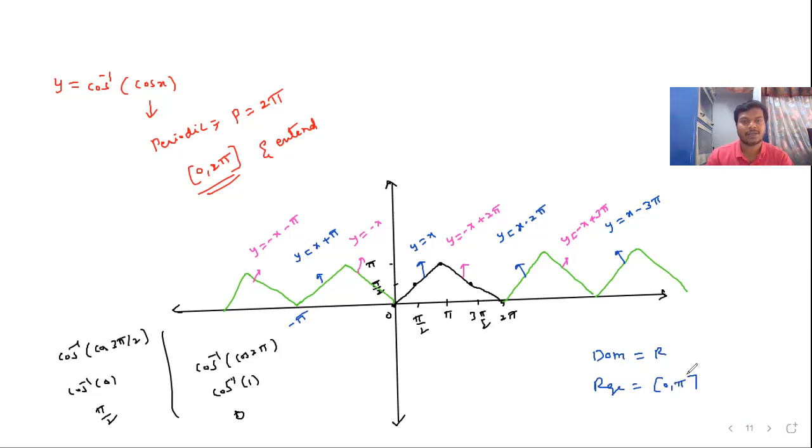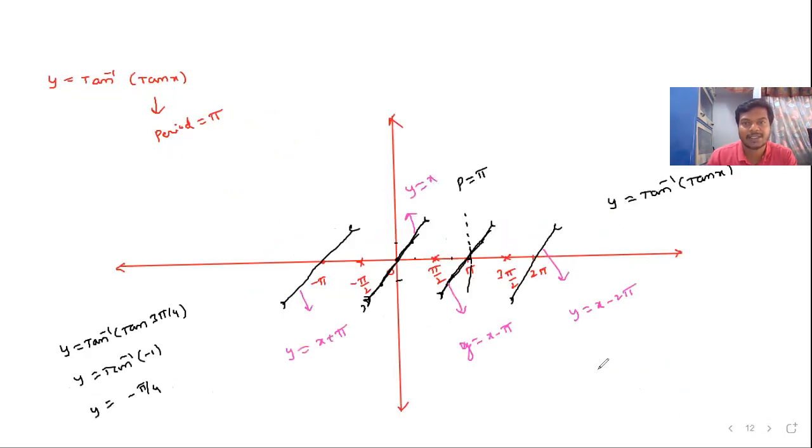Next, the graph of tan inverse of tan x, for which the domain is R minus (2n plus 1) pi by 2, and its range is from minus pi by 2 to pi by 2.